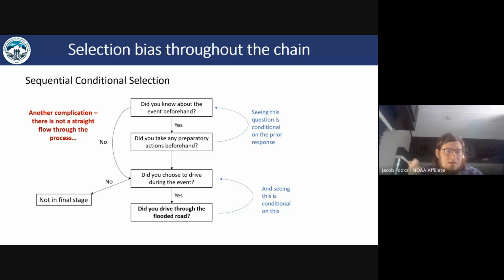Then we can ask them, did you drive during the event? If not, that subsample is removed from the final stage. And finally, we get to this end stage, right? So we have this flow of information and people getting removed from the sample as we go. It ends up being quite complicated because of the way the survey was designed, but we don't need to really go into all the technical complications here. Next slide.